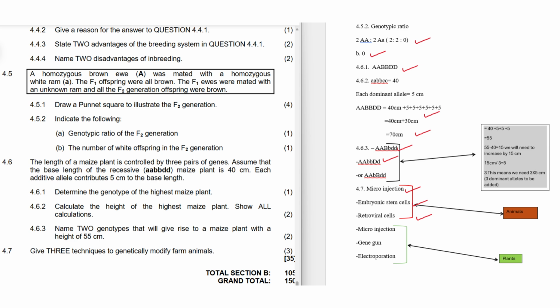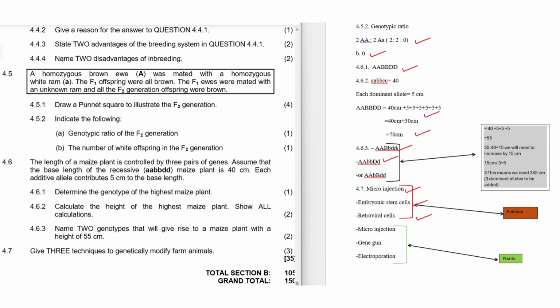So we are going to look at what represents 5. What represents 5 is a dominant allele. A dominant allele adds 5 centimeters. So, dominant A, dominant A, dominant B, then recessive b, recessive d, recessive d. That is one option.